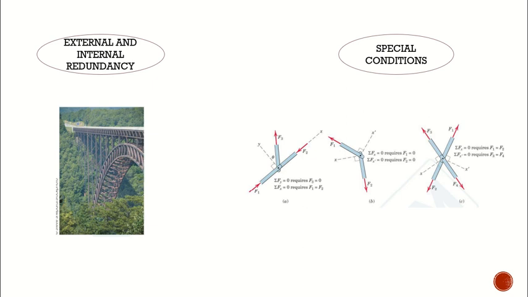A simple plane truss is formed by a triangle and adding two new members to locate each new joint with respect to the existing structure. Special conditions. We often encounter several special conditions in truss analysis.